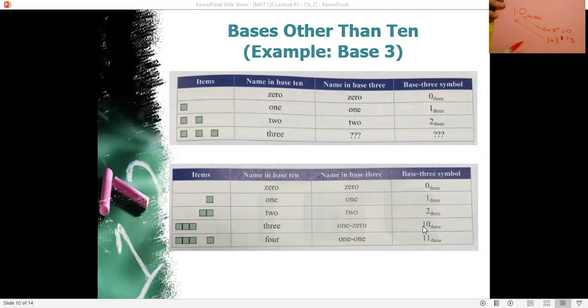Sorry, I wrote that wrong at first, you know what I mean, guys. This is the 1's place, this is the 3's place. If we were in decimal, this is the 1's place, this is the 10's place. But we're not in decimal, we're in base 3. So if we do the arithmetic, doesn't it make sense that we get 3 as our solution? By adding up 0 plus 3, we get 3.